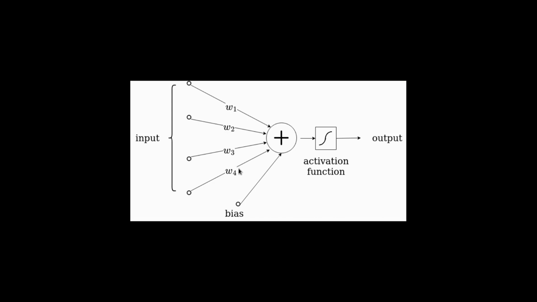Then all of these weighted signals are added up, and then finally an additional signal called bias is added, and the bias is a reflection of how activated the neuron is on its own without any other incoming inputs. Could be this neuron is already highly activated, or could be suppressed, and that's reflected in the bias.